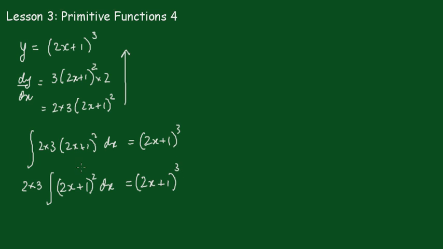Right, now this is like an equation, I can divide both sides of the equation by 2 times 3, and I get the result: the integral of (2x plus 1) all squared dx must be equal to (2x plus 1) to the power 3 divided by 2 times 3, plus some constant.